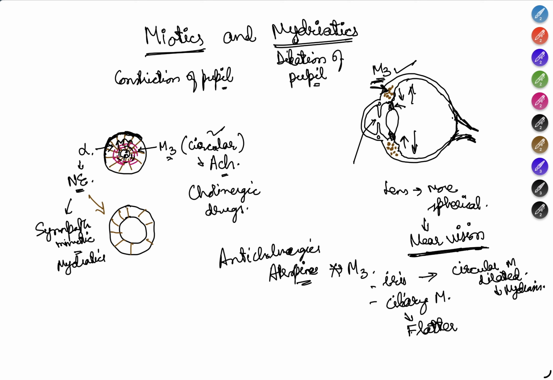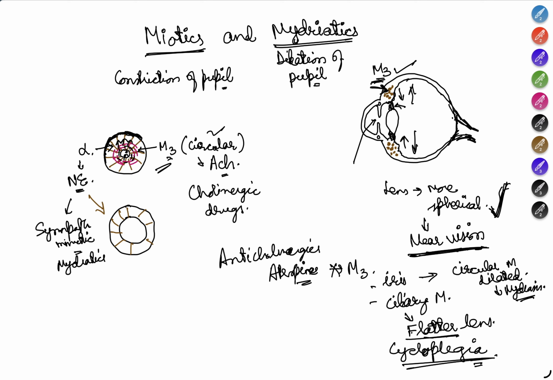So there will be a flatter lens in case you are giving an anticholinergic drug. Okay, and this situation is what we call cycloplegia. So cycloplegia is the response seen with anticholinergic drugs, as well as mydriasis. So two effects will be seen with anticholinergic drugs, and similarly two responses will be seen with cholinergic drugs. There will be miosis, and there will be near vision, or what we call a spasm of accommodation.